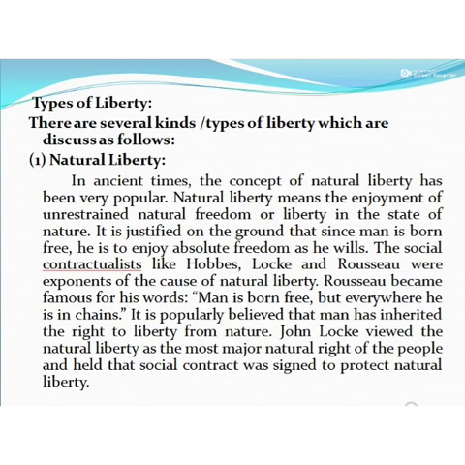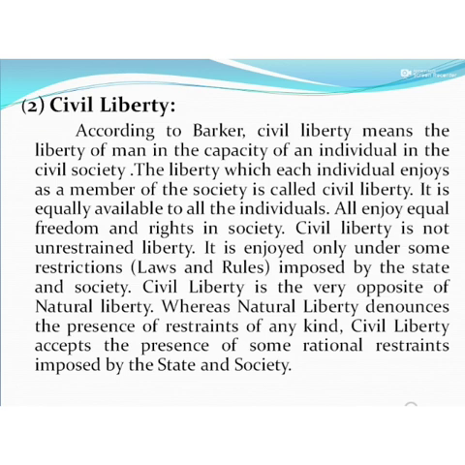The second type of liberty is civil liberty. According to Ernest Barker, a reputed British political philosopher, civil liberty means the liberty of man in the capacity of an individual in civil society. The liberty which each individual enjoys as a member of society is called civil liberty. It is equally available to all individuals. All enjoy equal freedom or rights in the society.